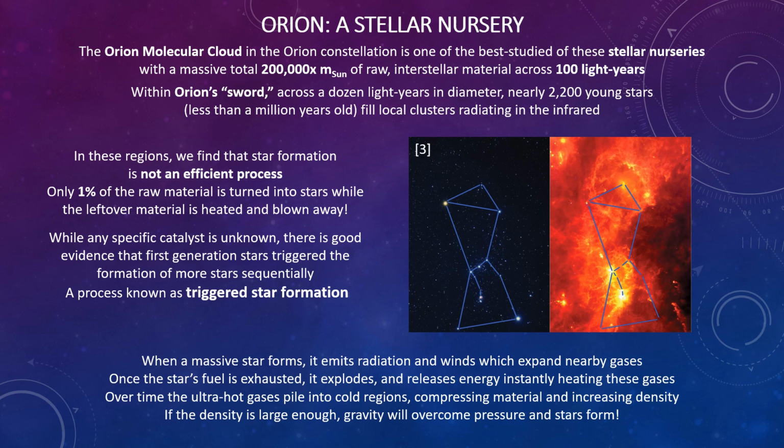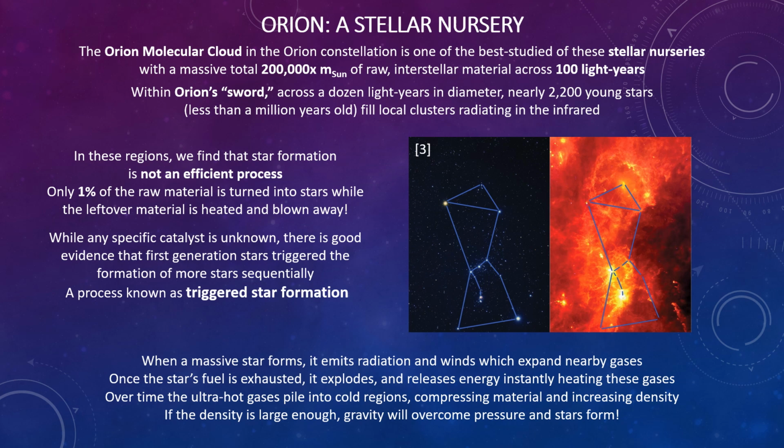When a massive star forms, it emits a lot of radiation and has very intense winds, which expand the nearby gases. Once that star's fuel has been exhausted, it then explodes and releases even more energy, heating the gases around it.